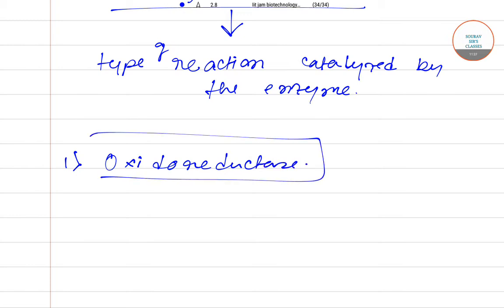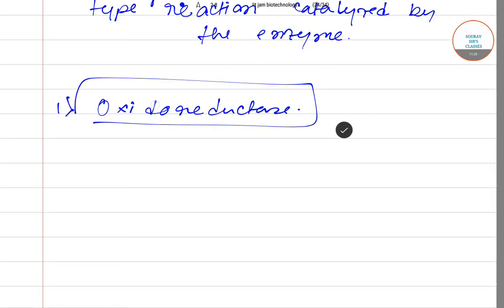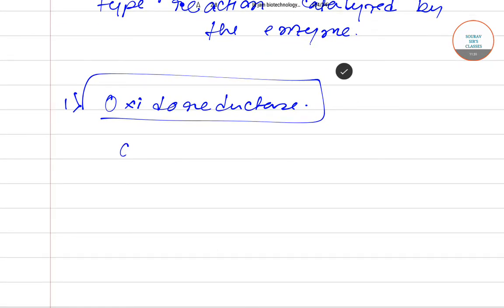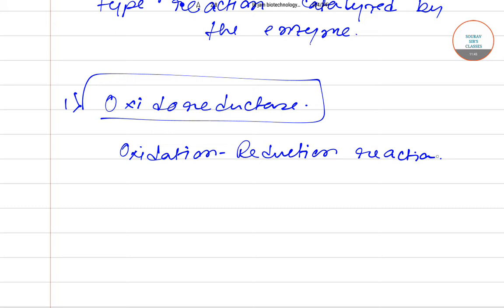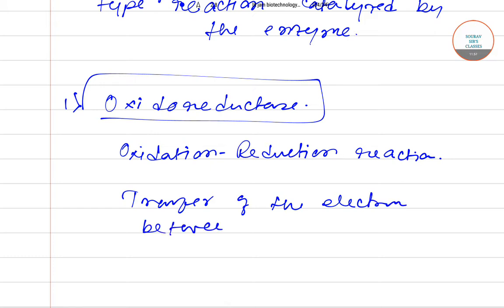These are enzymes that catalyze oxidation-reduction reactions, that is the transfer of electrons between two substrates. That is called an oxidoreductase reaction.